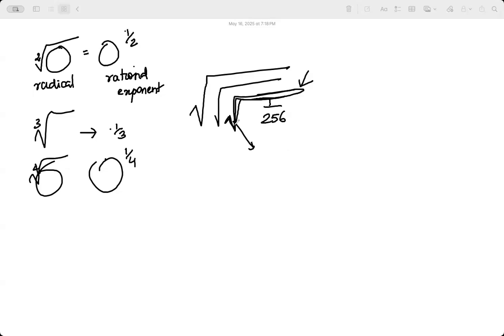So here, let me convert one by one. First, before I go to converting those radicals, what is 256? It is 2 to the 2, 4, 8, 16, 32, 64, 128, 256, 2 to the 8, right? Whenever you see a composite number, express it as a prime power. After that, convert this first radical into a power.